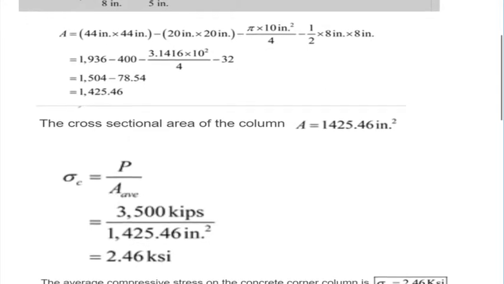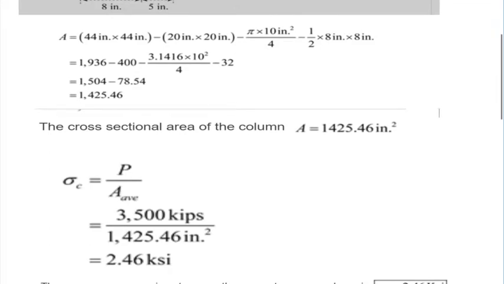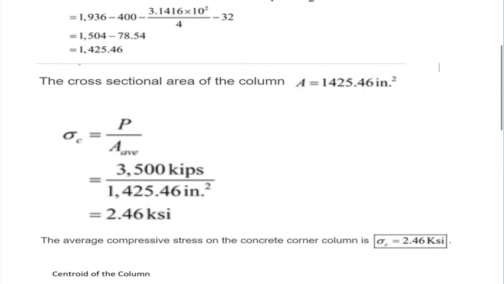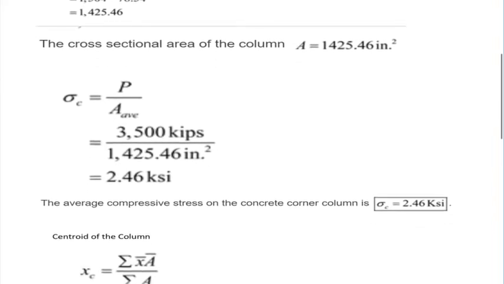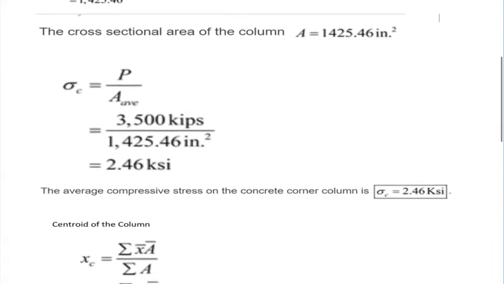The question also asks us about the centroid of the column. In order to calculate the centroid of the column, we need to use these two formulas for the centroid. These formulas would be expressed as the sum of the x-coordinates of each of the areas, multiplied by each of these small areas, divided by the total area to calculate the x-coordinate of the centroid.